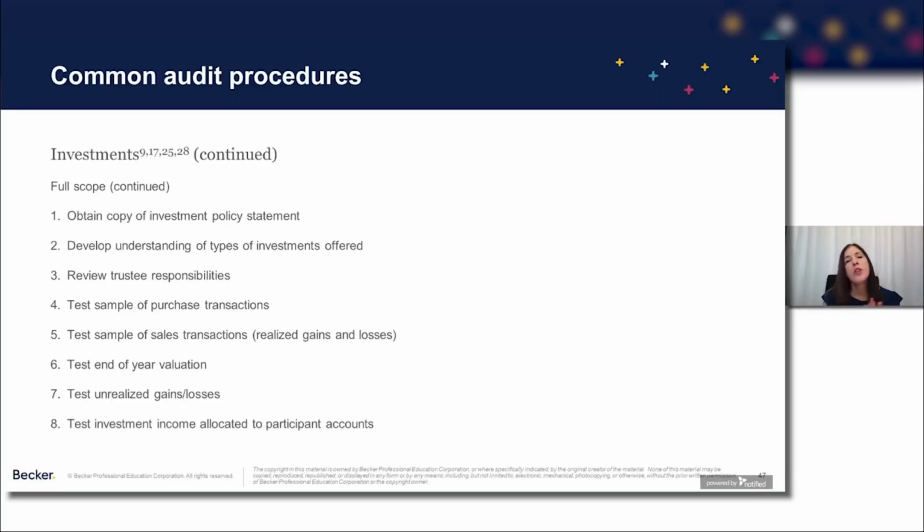So with our non-ERISA 103A3C engagements, these are some of the example procedures that you would be performing. Obviously, a copy of the investment policy statement. You still have to understand the types of investments offered, trustee responsibilities, and like I said, you're testing the purchases, the sales, the fair value, the realized and unrealized gains and losses.